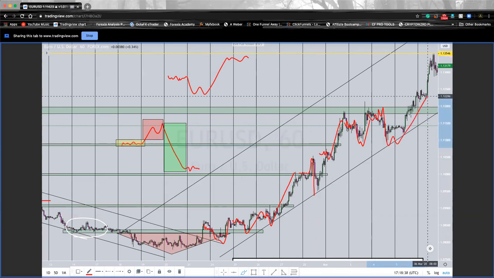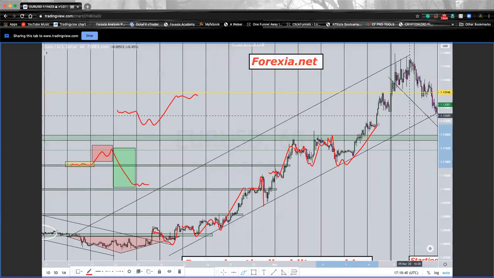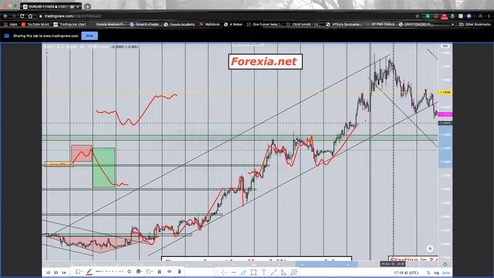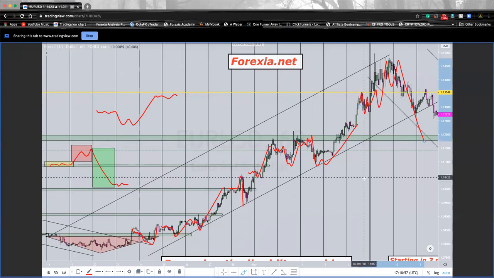If it takes them staying in a zone for days, they will stay in a zone for days to trap people. If it means a quick move, 400 pips of move in one single day to trap people, that will happen. Why? Because as I said at the beginning, they've got the money and they've got the power to move the market however they want.